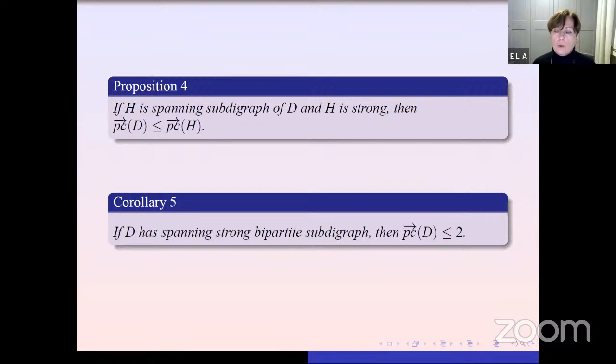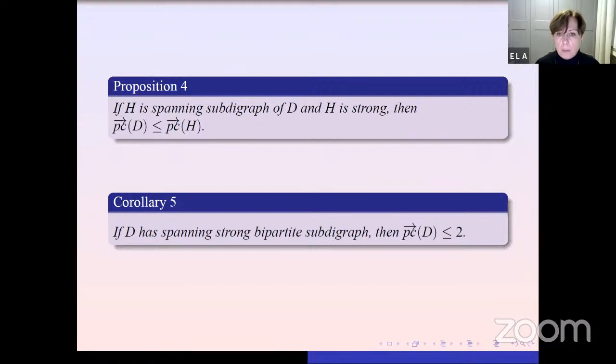So this means that to find a good coloring, the coloring with the smallest number of colors resulting in a properly connected digraph, it's enough to find a good spanning strong subdigraph.